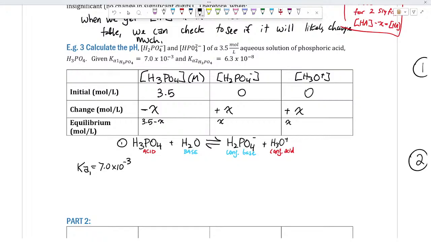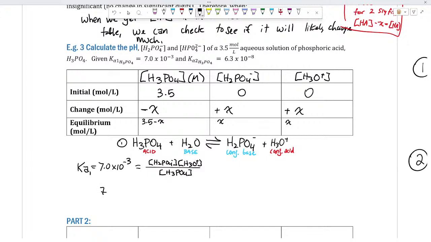The first one is 7.0 times 10 to the negative 3, and that will equal what in this equation? At equilibrium, the concentration of H2PO4 minus times the concentration of H3O plus divided by the concentration of H3PO4.